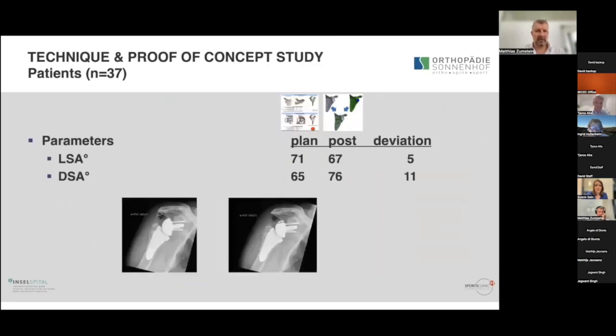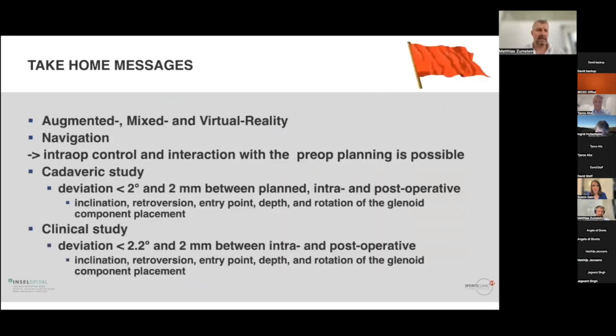This has been shown also by other authors. Regarding the LSA and DSA, the deviation was low. However, we were not always perfectly as we had planned, maybe because the planning was 3-dimensional and the post-op control was on the X-ray.